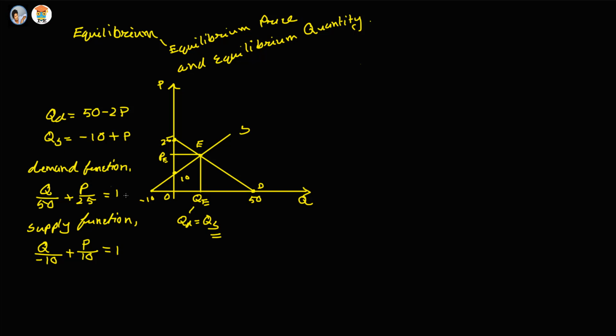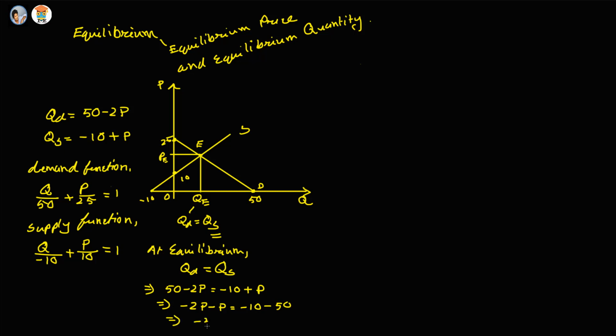We can write at equilibrium quantity demand is equal to quantity supply. Now instead of quantity demand we can write 50 minus twice P is equal to minus 10 plus P. Or we can write minus twice P minus P is equal to minus 10 minus 50.